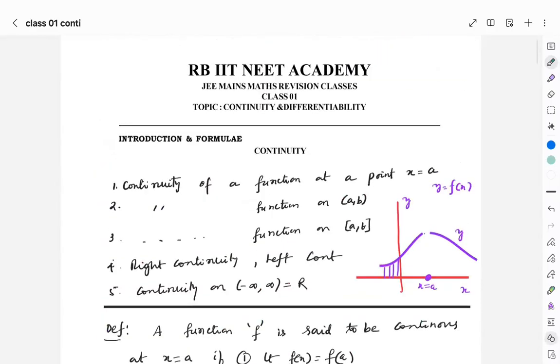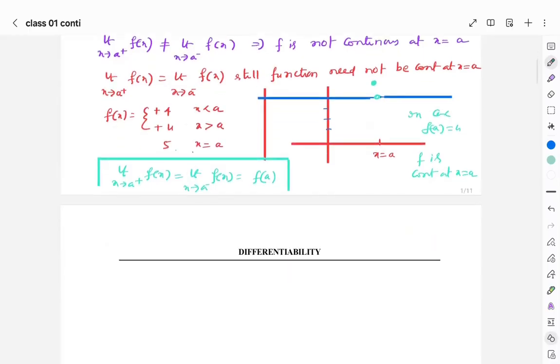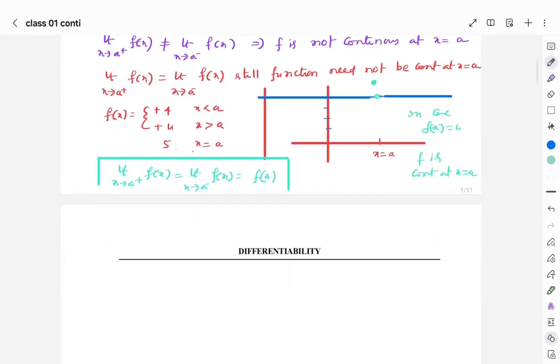Now here, while discussing many problems, we should know which are continuous functions and which are discontinuous functions. If you take f of x as x, it is nothing but y equal to x, a straight line passing through the origin.